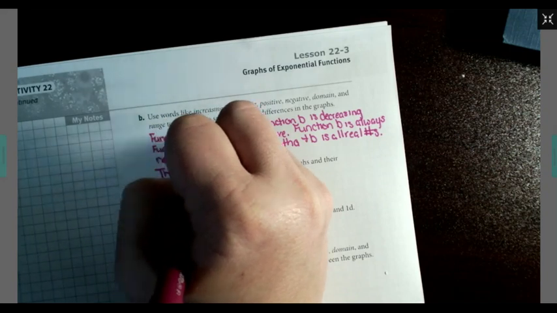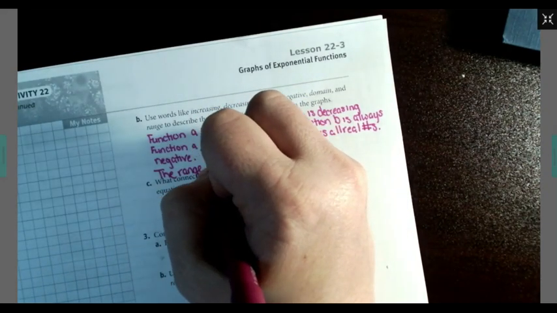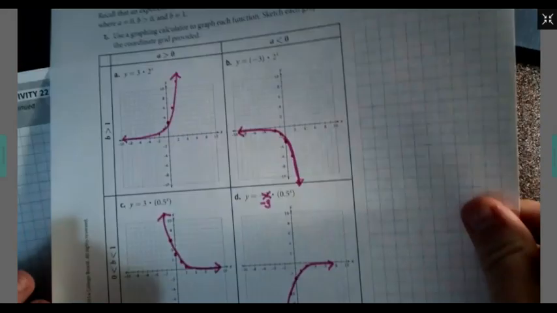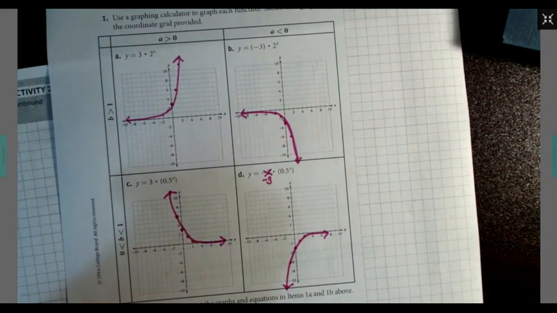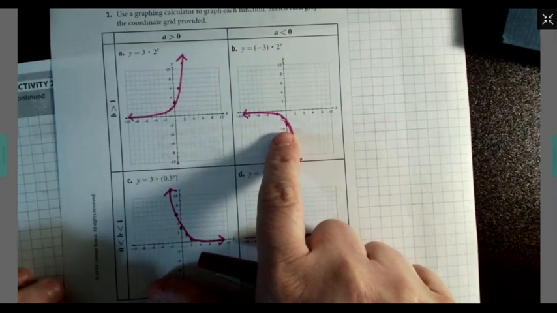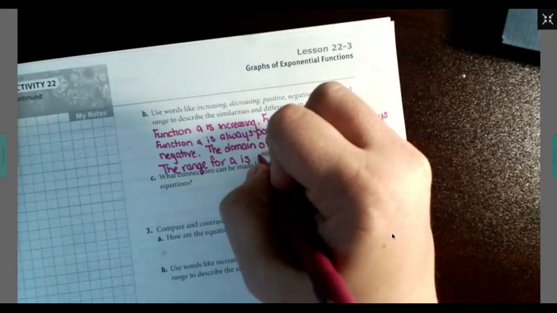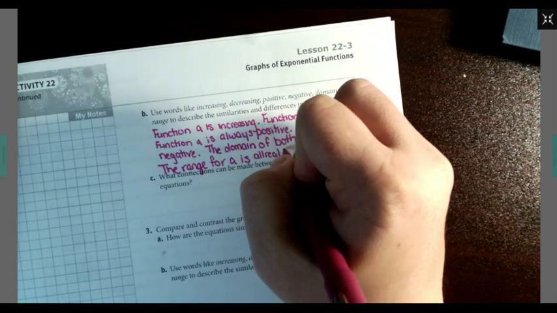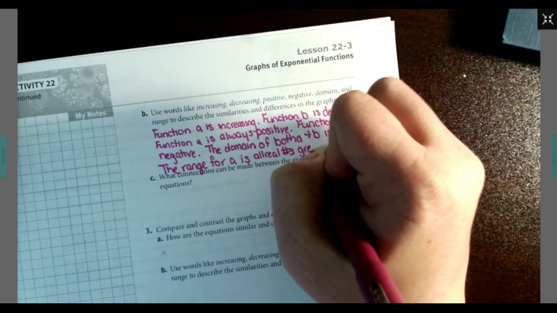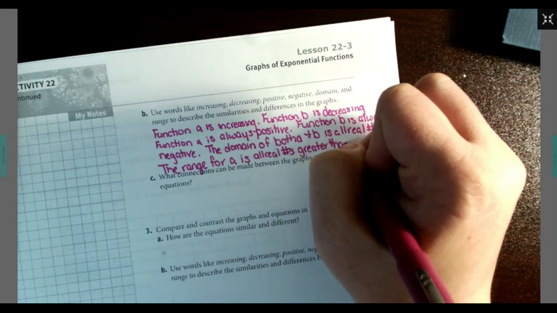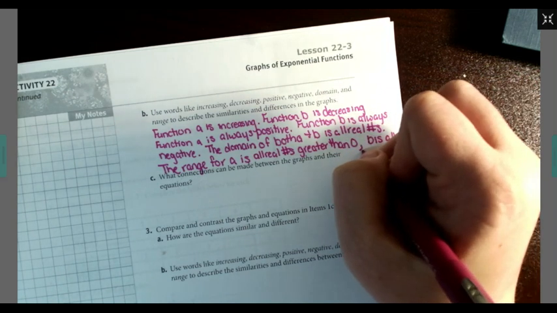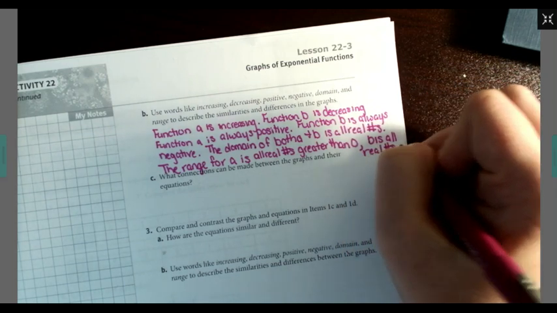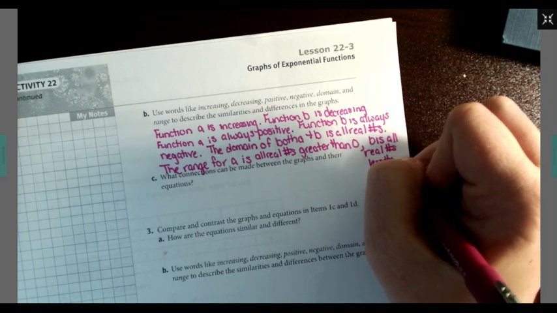The range for A is all real numbers greater than 0, while this one is all real numbers less than 0.